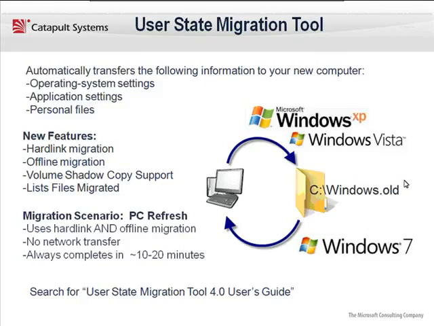Well, with hard link migration, you need to keep your existing partition information because it relies on the windows.old directory, as I demonstrated earlier. It will dig in this windows.old directory for your files and settings and just place links to the data of those files on your new Windows 7 operating system.